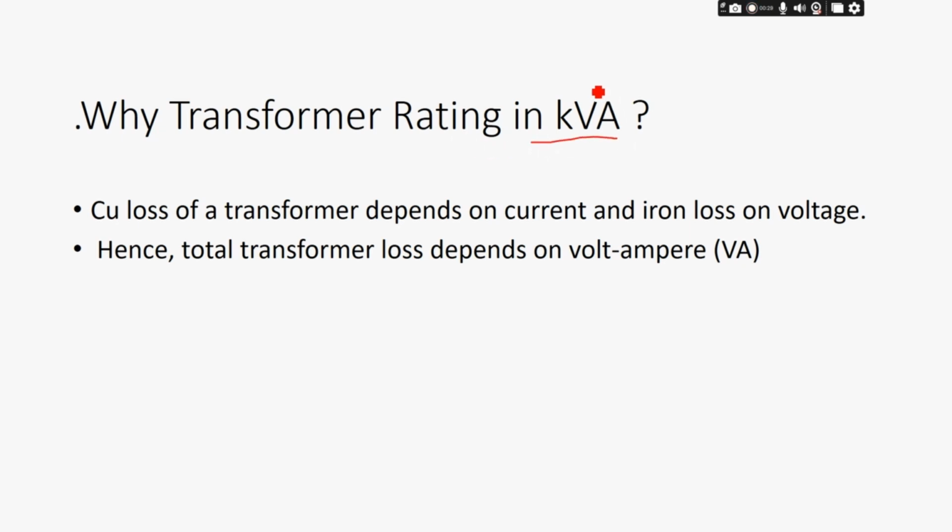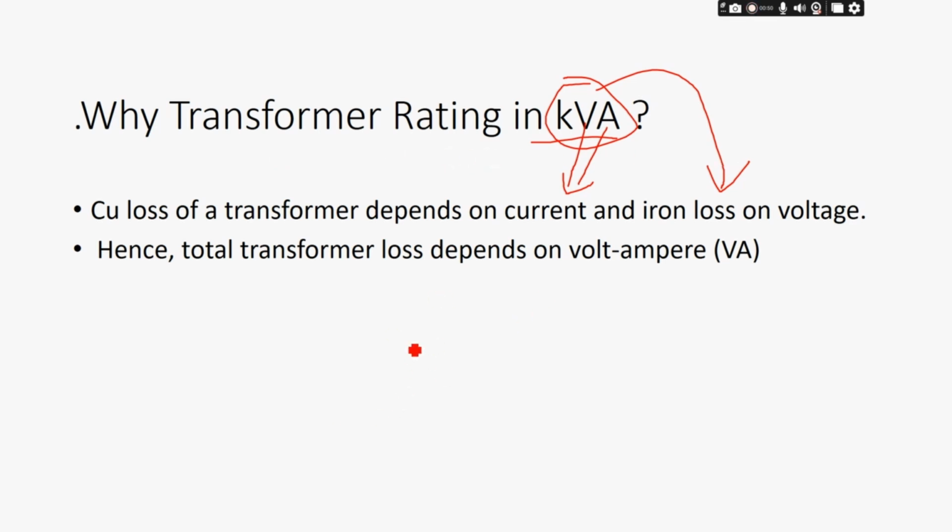Next, why is a transformer rated in kVA? kVA means kilovolt ampere, or volt ampere. The basic reason is that copper losses depend on current, and core losses depend on voltage. So the transformer has to be defined in kVA rating.